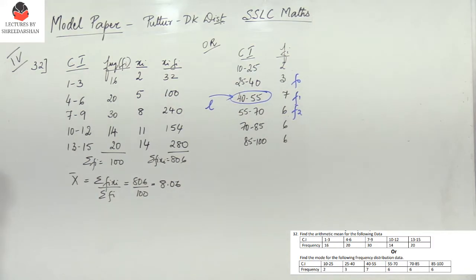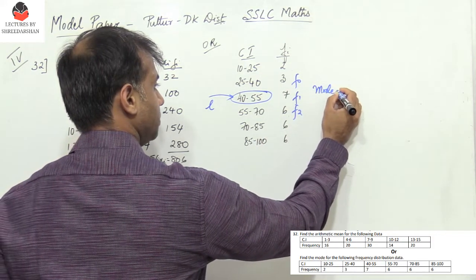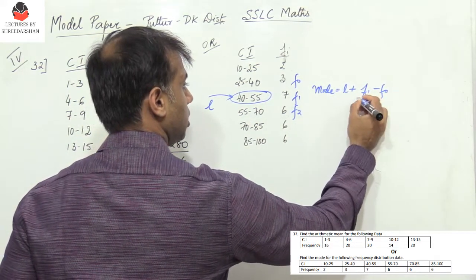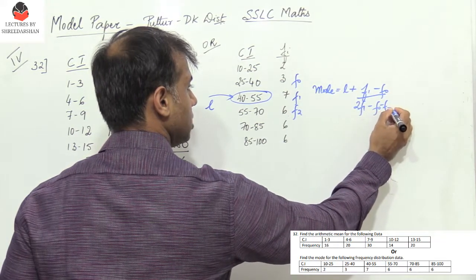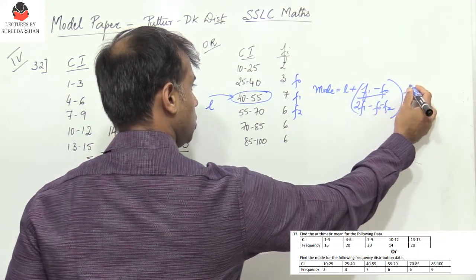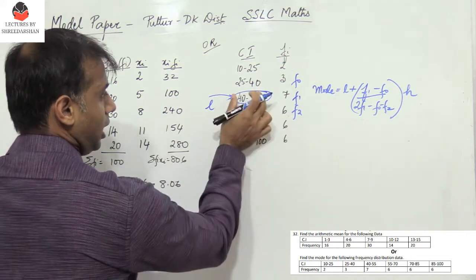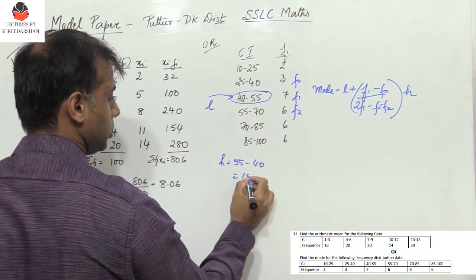Now what is the expression to find the mode? Mode is given by L plus F1 minus F0 divided by 2F1 minus F0 minus F2 into H. So we have defined what they are. What is H? H is the interval, that is 55 minus 40, which is equal to 15.